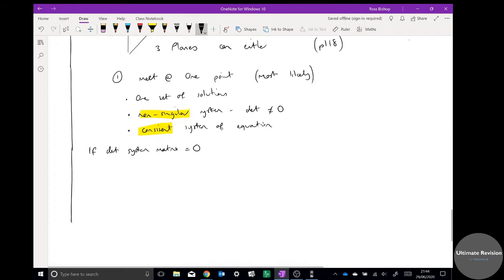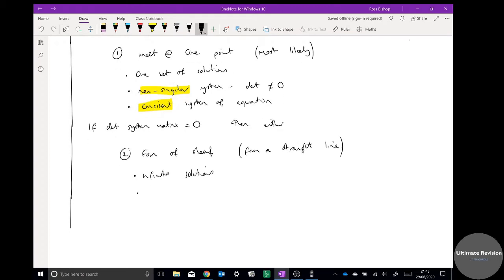Either it could form a sheaf, where it forms a straight line. So it's got infinite solutions because it's all along that straight line. Therefore it is still consistent because it has an infinite set of solutions, so it's a consistent system.